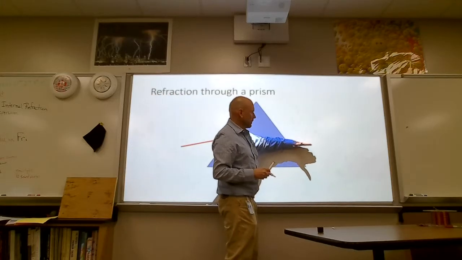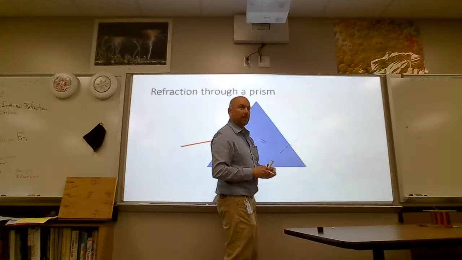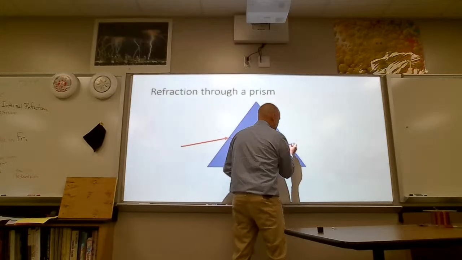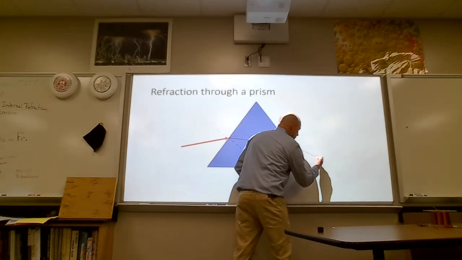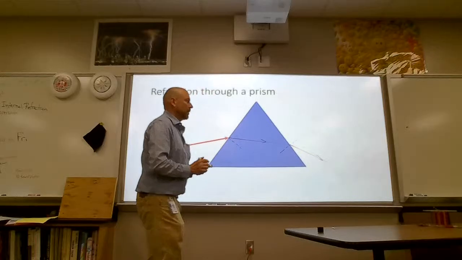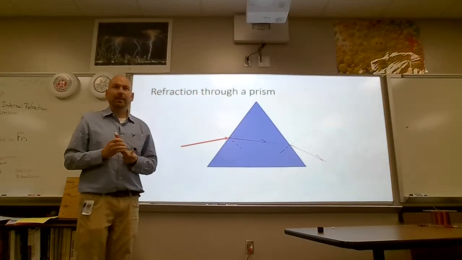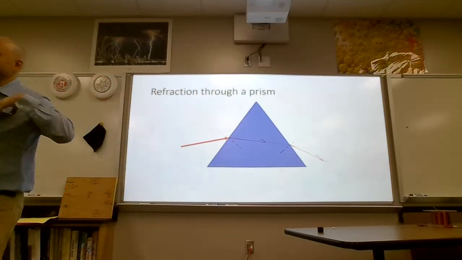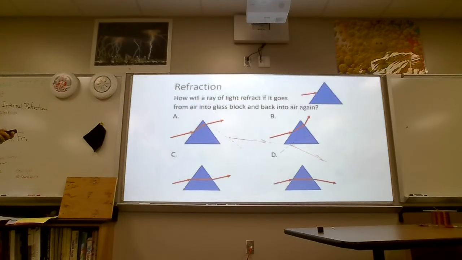Here's towards, here's away. How do we do? Correct answer is D. You see how I did that?